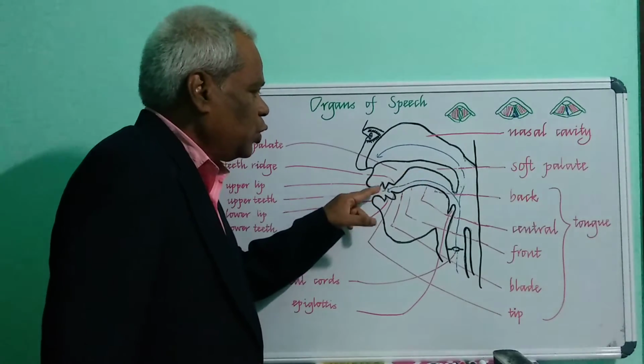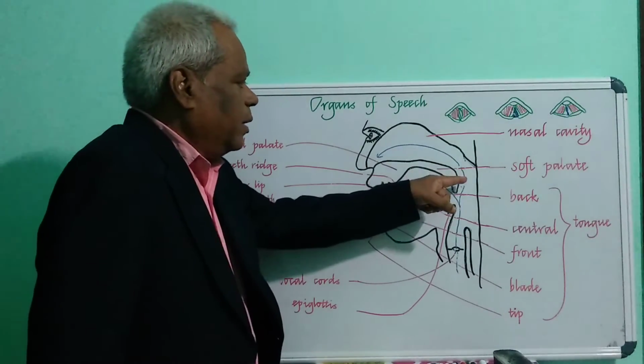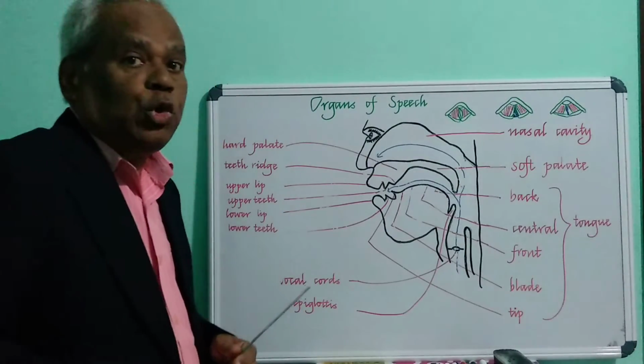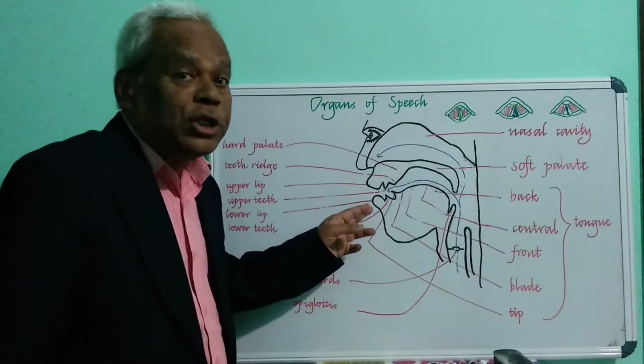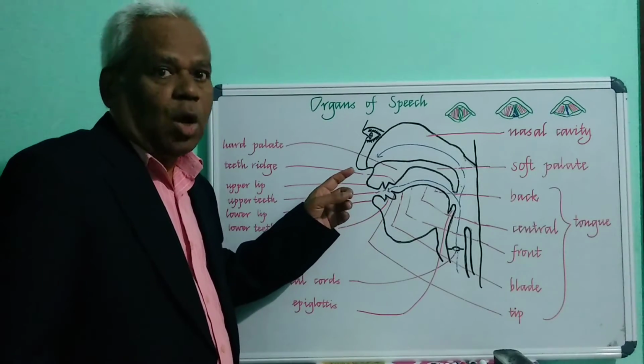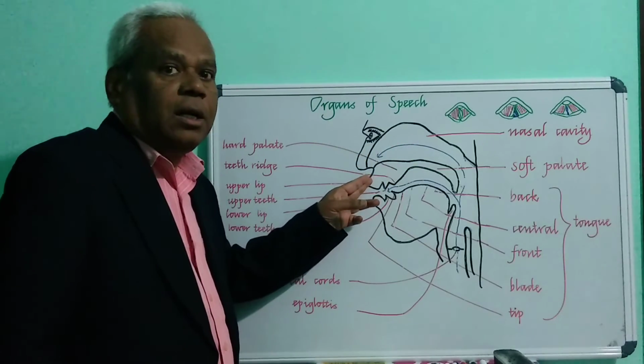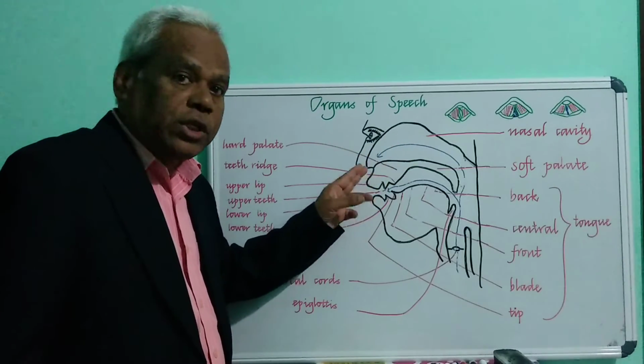And this passage is stopped, and the air which comes through the nose is used for producing nasal sounds. The sounds produced with the help of the nose are called nasal sounds.